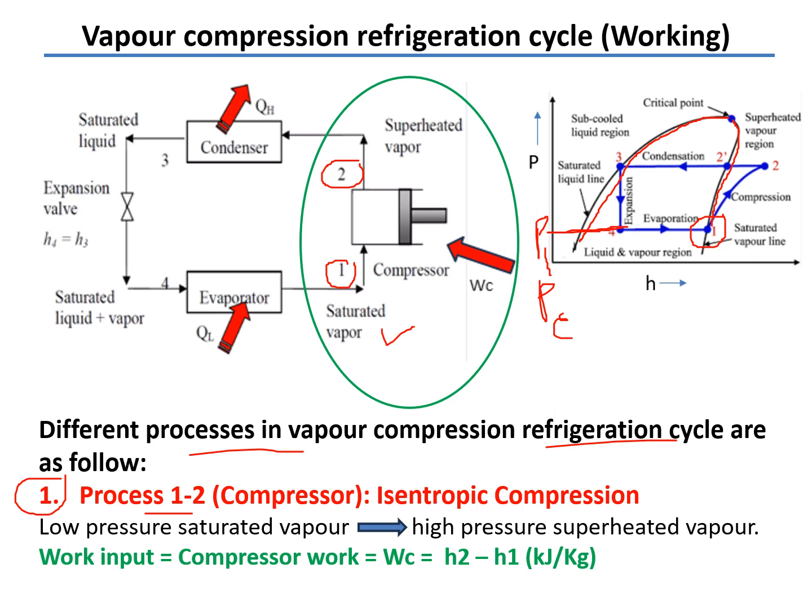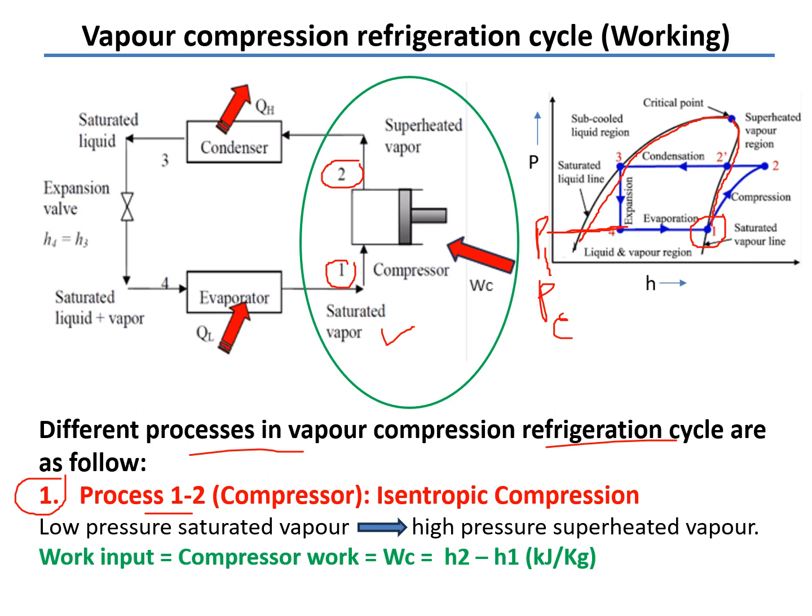Where this pressure line cuts the saturated vapor curve, that gives you state 1. So state 1 represents the saturated vapor condition at that low pressure, the evaporator or suction pressure. State 1 is the state of the refrigerant at the suction side of the compressor.